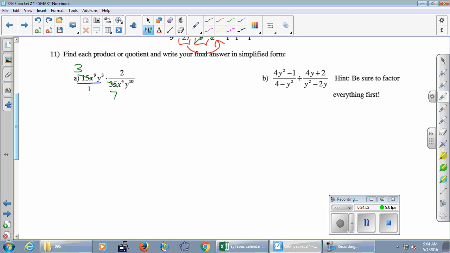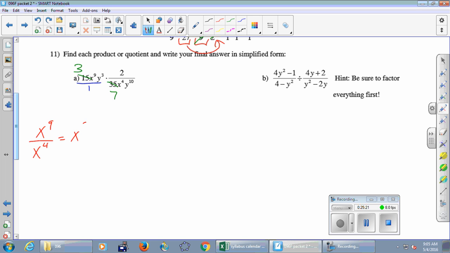So far, so good. Let's look at the x's. Upstairs, I see x to the 9. Downstairs, I see x to the 4. I'm going to write this here. I don't need you to write it for my purposes, but just to remind you, you spent a lot of time simplifying things that look like that. What's our shortcut with those powers? Is to subtract them. So is it positive 5 or negative 5?